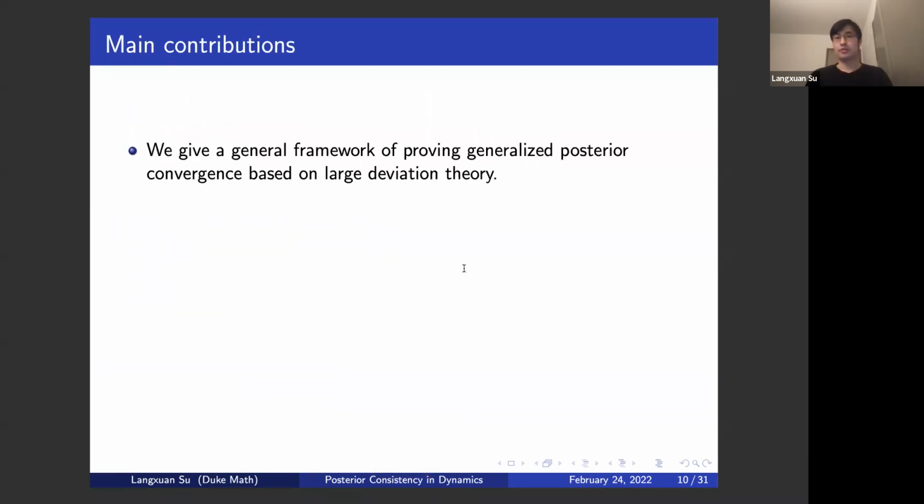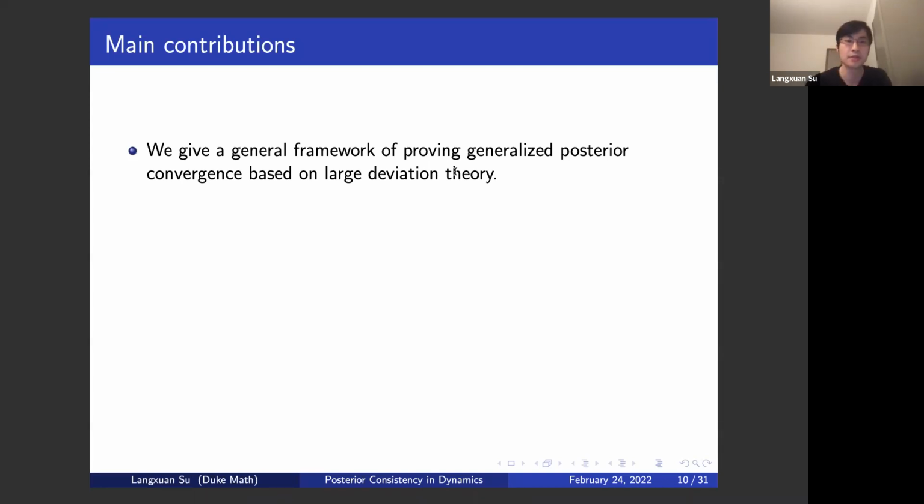Yeah, so the main contribution of this work is to give a general framework of proving generalized posterior convergence based on large deviation theory. In the existing work on posterior consistency that I mentioned in the introduction, usually they are all proofs for a very specific Bayesian procedure.